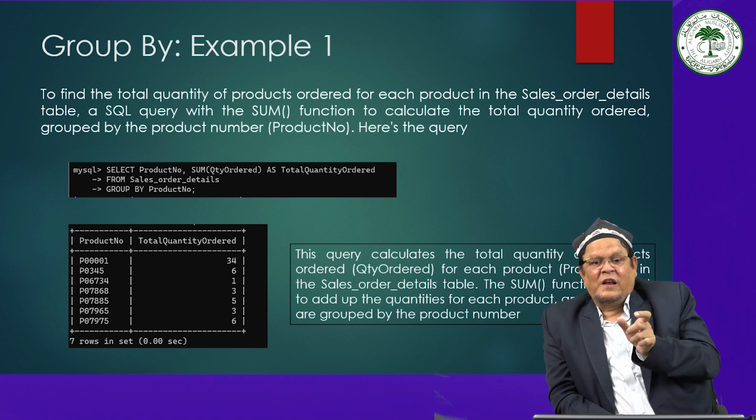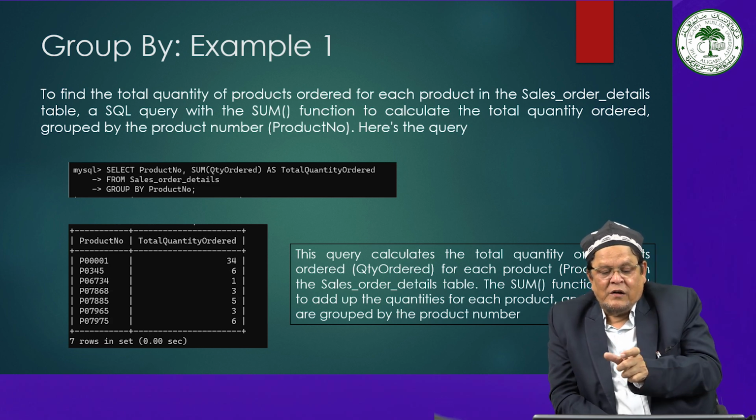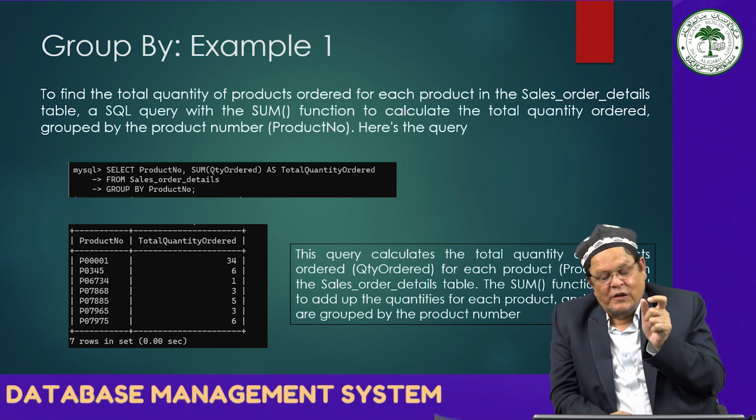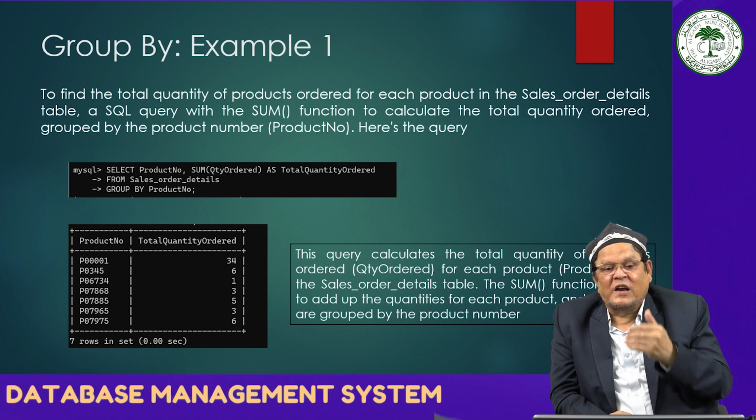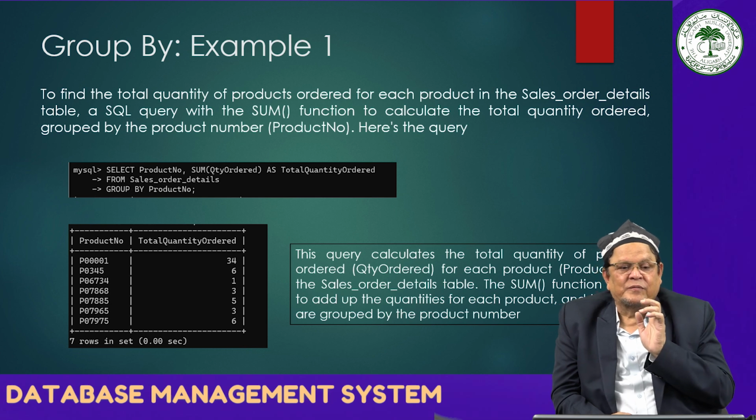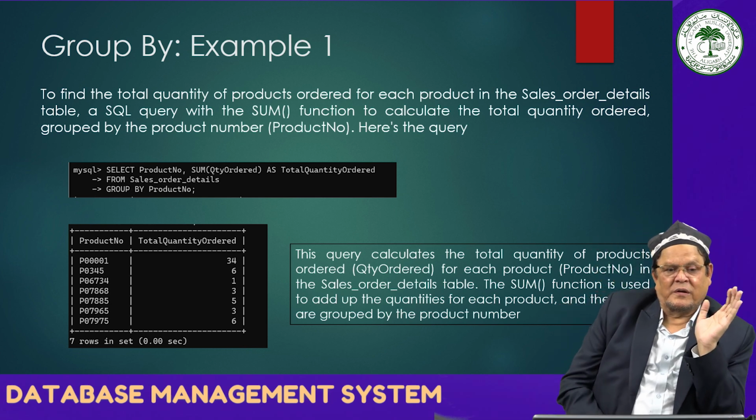It means you have to write an alias, or you may not write it. It depends on your requirement, but it is very useful to understand the column also. From which table? Sales order details, and group by product number.